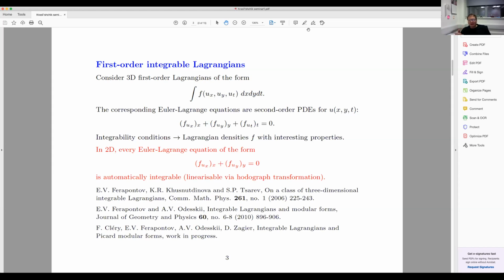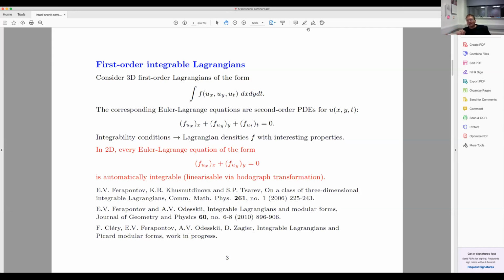A familiar Lagrangian would be like this. If you suppose that f is the equation of the graph of a surface, then the area functional is the square root of 1 plus u_x squared plus u_y squared plus u_t squared, right? Area functional. So it would be a typical example.